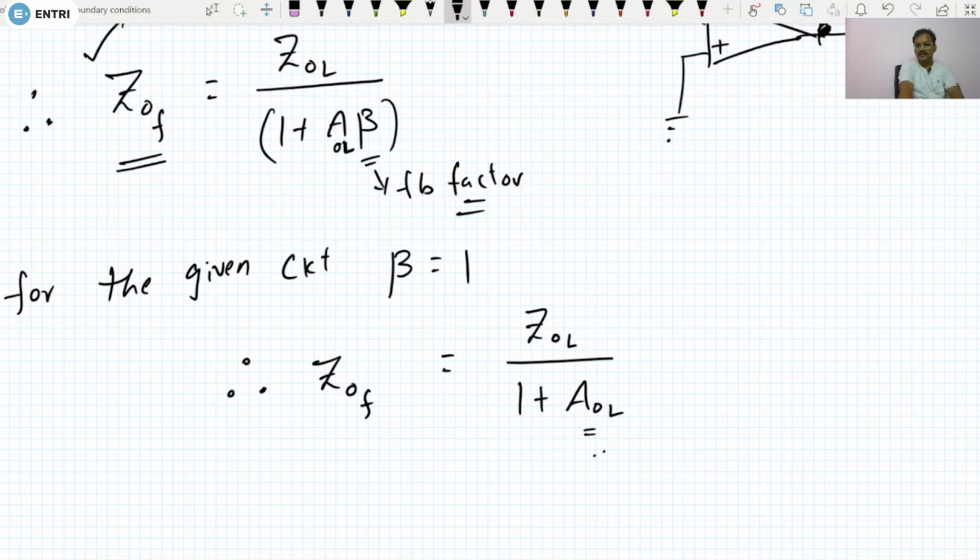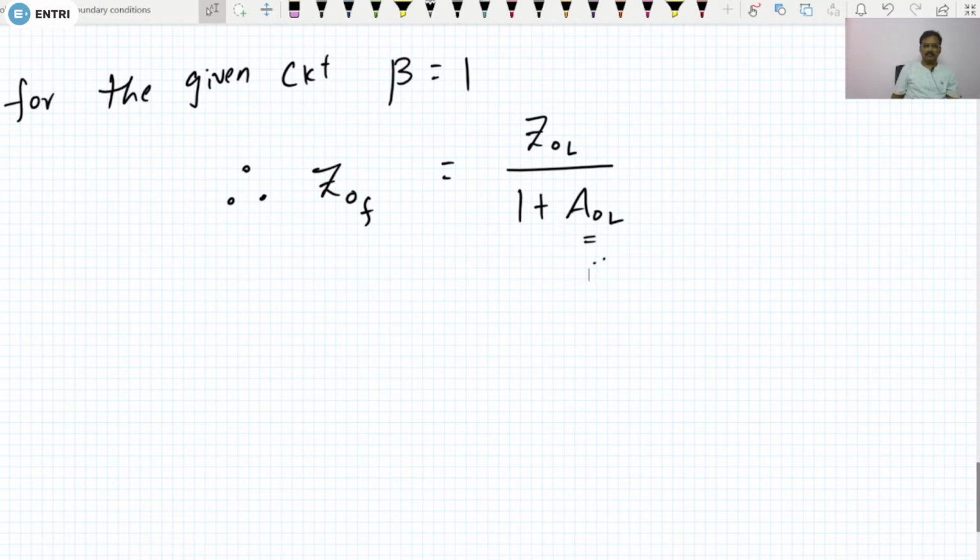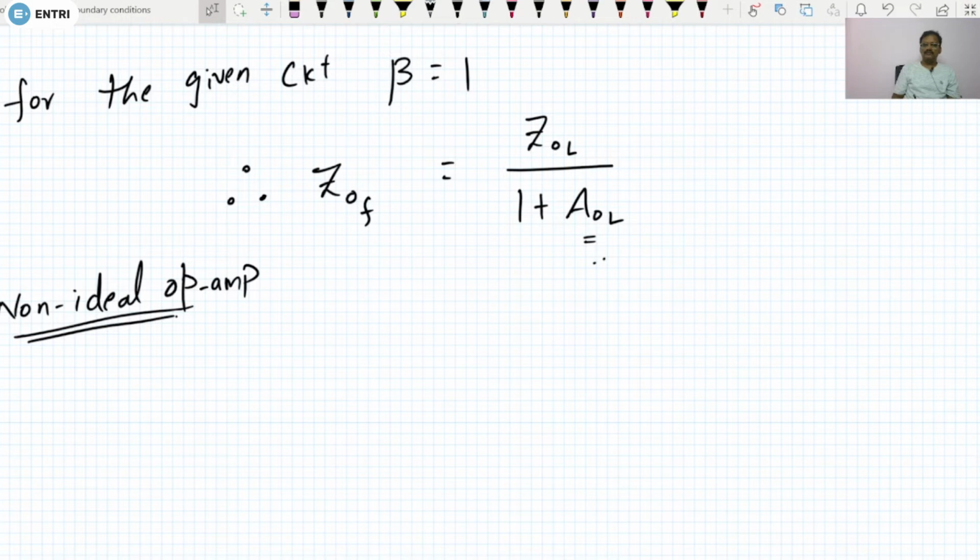And here they have given a non-ideal op-amp. So for this non-ideal op-amp, what is the frequency response you are going to get? That is gain versus frequency.